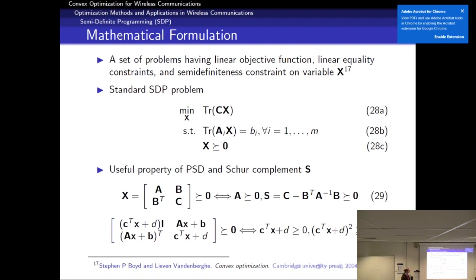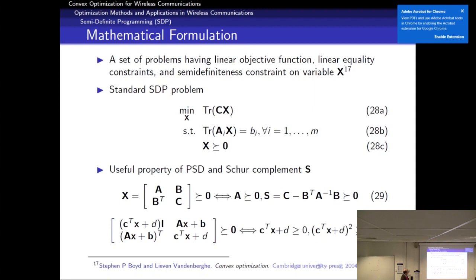And this one is actually a form of optimization problem that is slightly more general than the three other ones. Right, so what we have here is a set of optimization problems where we have a linear objective function that is represented by this. We have a linear equality constraint, which is represented by this one.